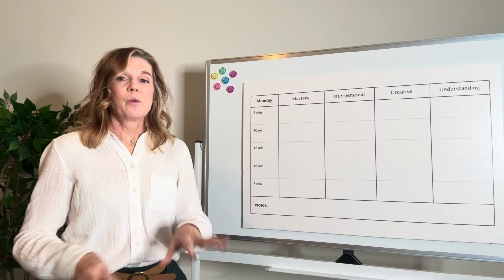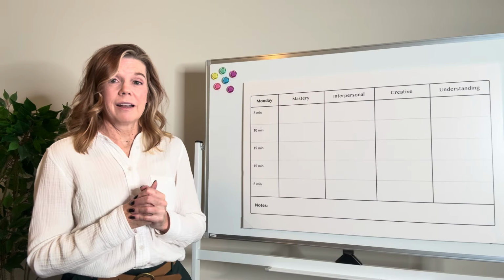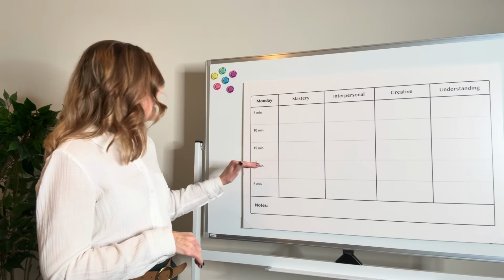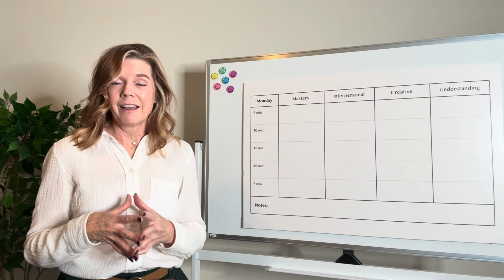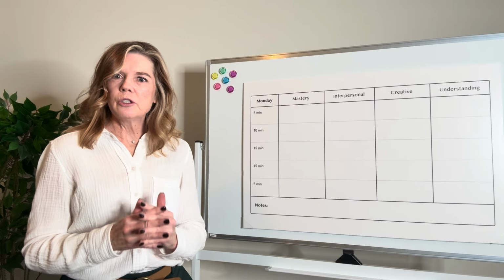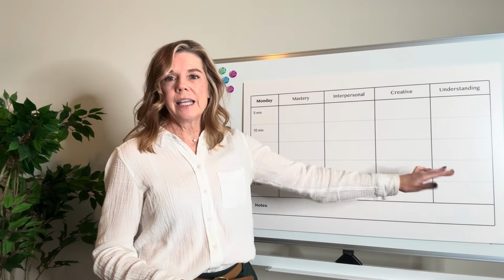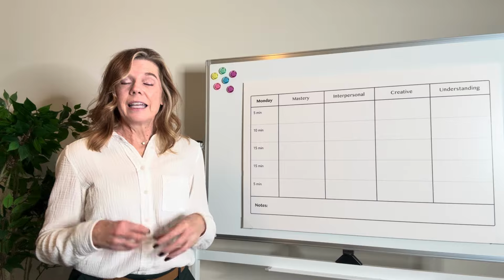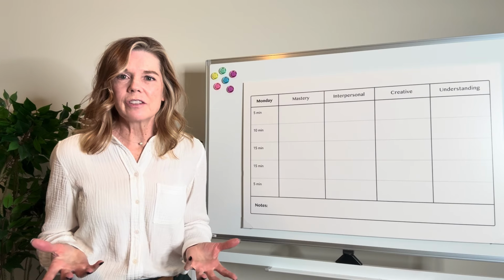All 3 of those, in the way I described how I've set up the homework groups, are addressed. In the direct instruction portion of the lesson, I really do try to at least hit mastery, interpersonal, understanding through the way I lead the instruction, through the questions that I ask of the students.